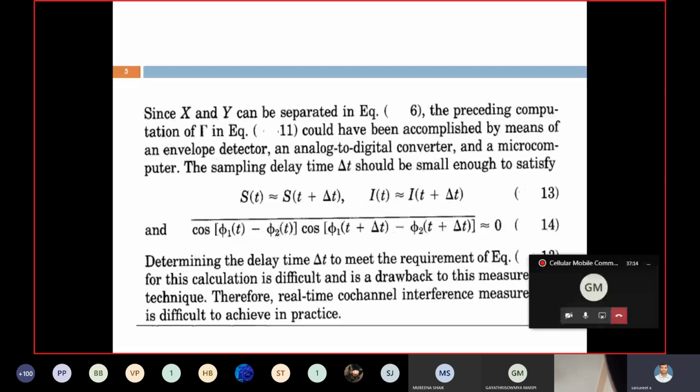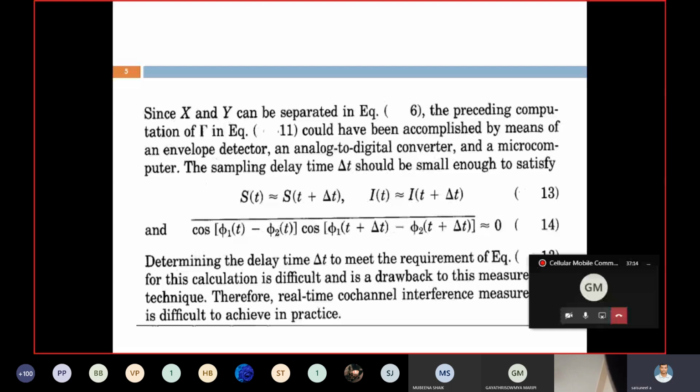Suppose the signal by the direct path takes 10 milliseconds when transmitted from the base station to the mobile station. But it takes more than 10 milliseconds because interference is automatically added. Noise is added to the original signal with a delay delta t.